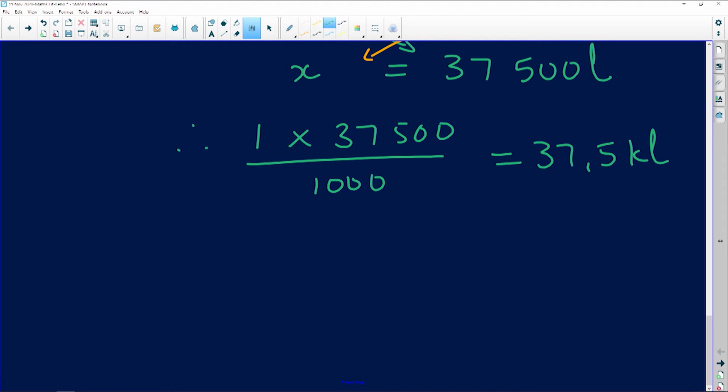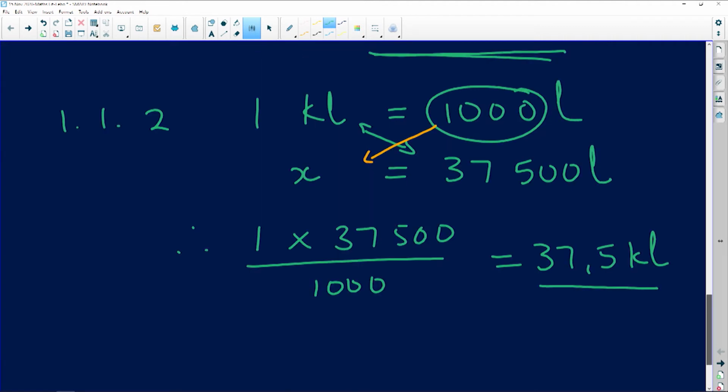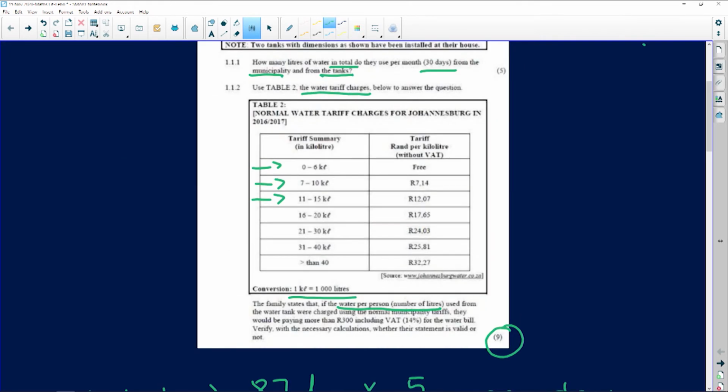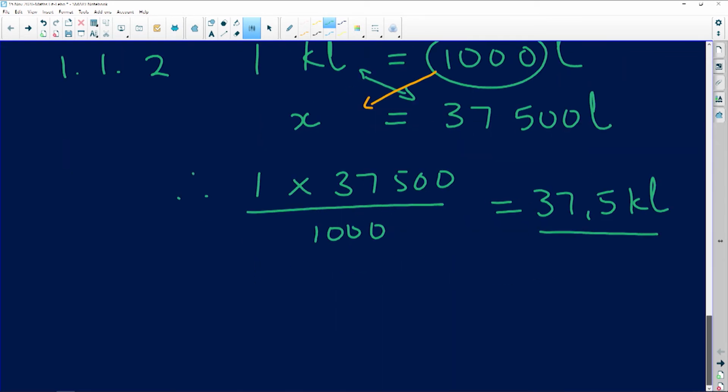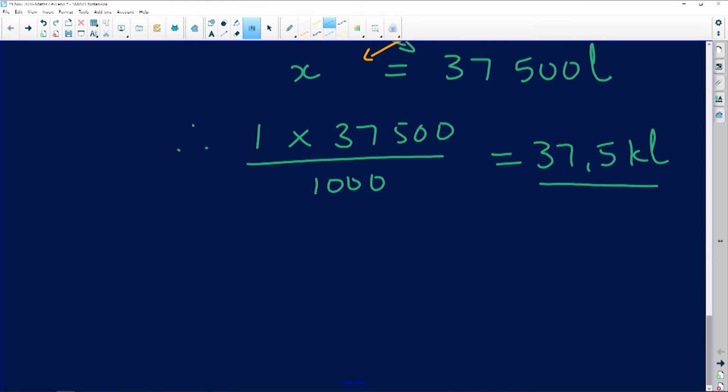First things first, Pretty, I hope that you are watching. If I'm using 37.5 kiloliters, the tariff table says to me there, for the first 6 kiloliters, it's going to be free. I just want to show you how I'm going to do that. So it's going to be, for the first 6 kiloliters, it's going to be free. It's 0.